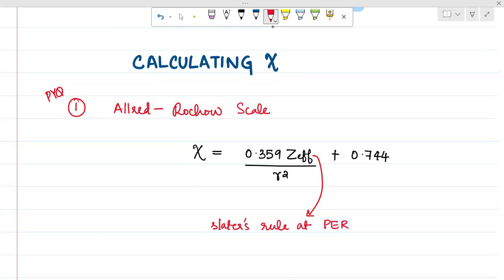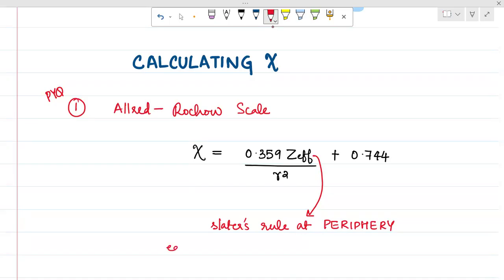Please pay attention. In the Slater's rule video, we did discuss how to find the Z effective in the shell at the boundary, at the periphery. Please refer to the video and revise the topic once again. So if you have periphery, you don't do that extra step of minus 1.